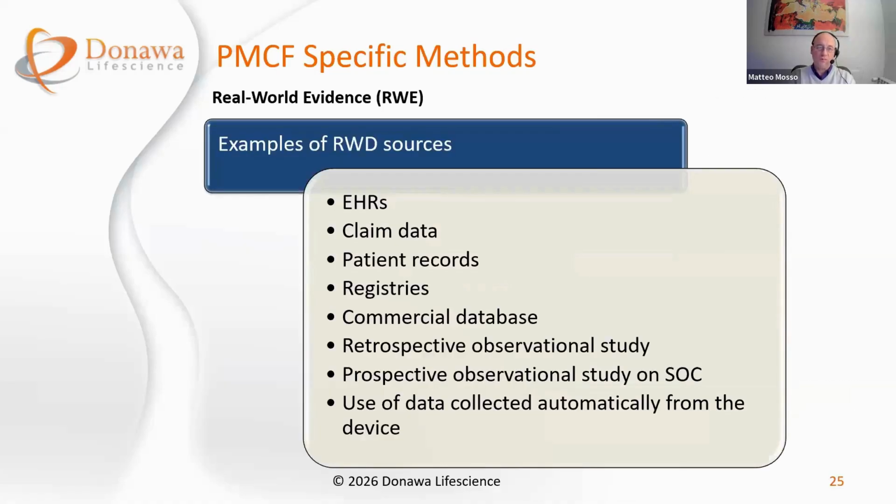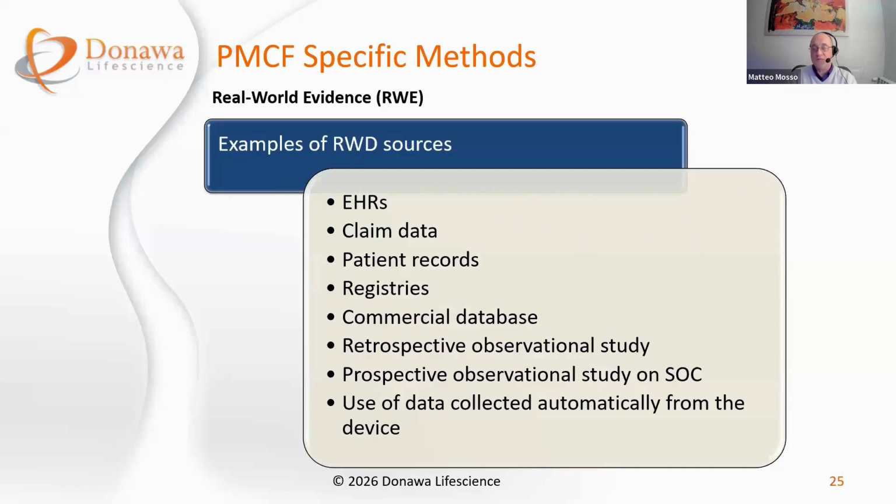If we want to see an example of various real-world data sources, we speak about electronic health records or patient claims or patient-reported outcomes. Real-world data include, as I said, registries, commercial databases, or different types of studies.